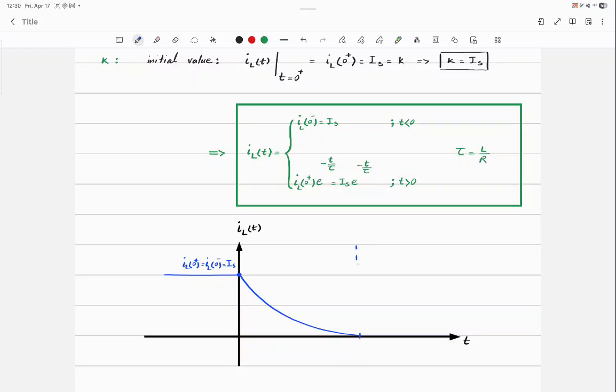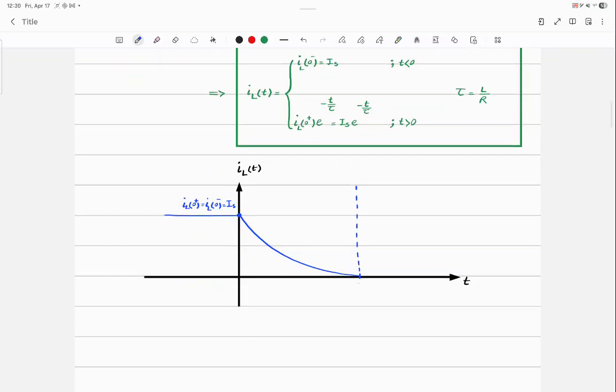When does it reach zero mathematically? It doesn't. So at t equals infinity, it will die, right? It's immortal.